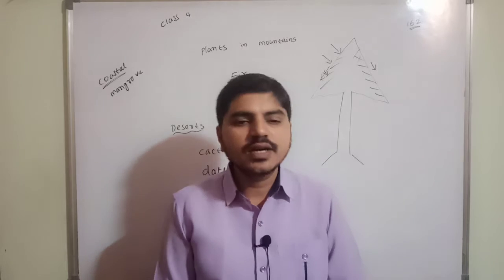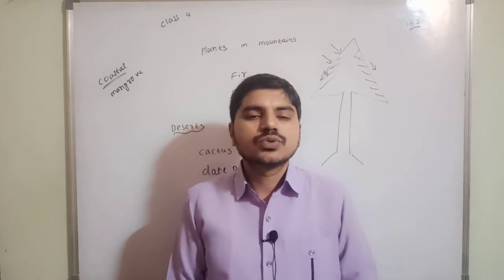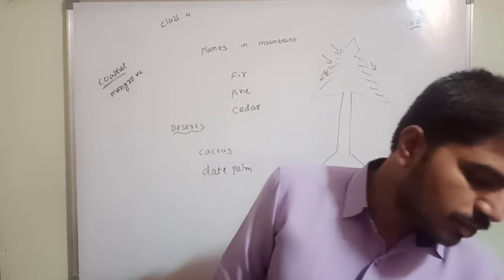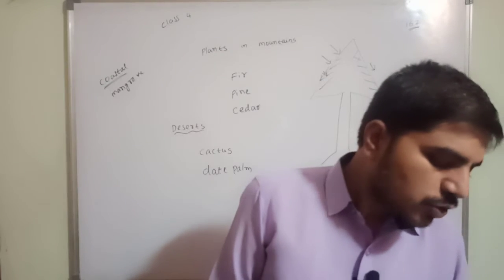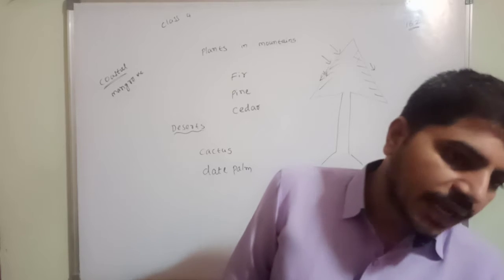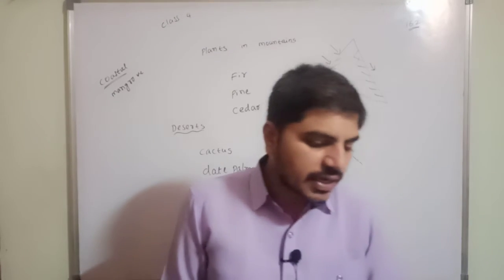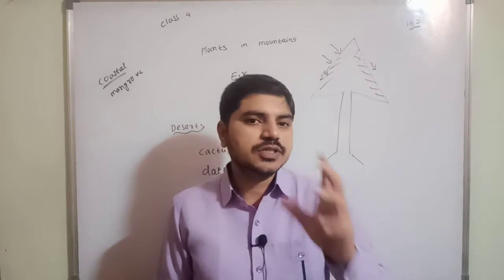Do you already know aquatic plants? So here we have aquatic plants. Plants that grow in water are called aquatic plants. There are three kinds of aquatic plants. Listen carefully.